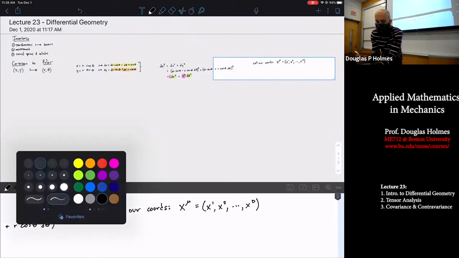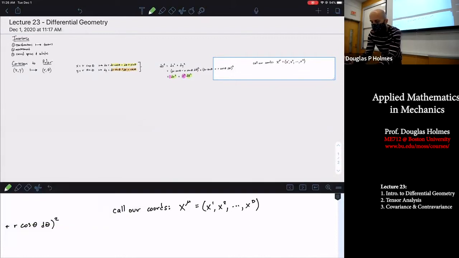Now, in this particular example I just gave you, let's say we were using green here, x1 would consist of r, and x2 would consist of theta. In Euclidean space, x1 would be x and x2 would be y. In spherical coordinates, there's going to be a phi in there. This is a kind of a way that we can start to make our notation more compact.